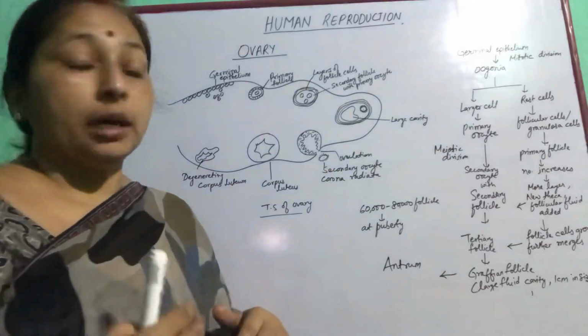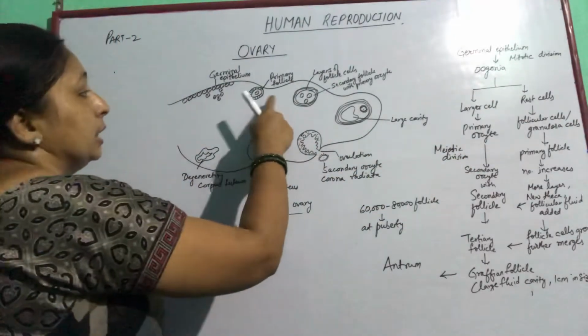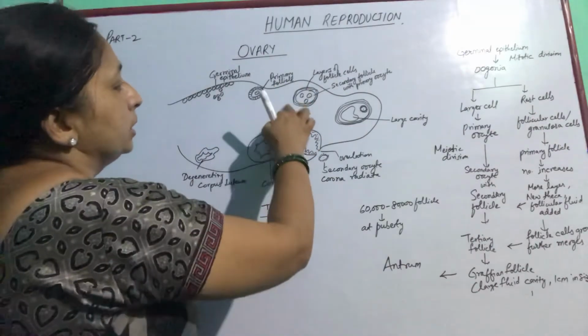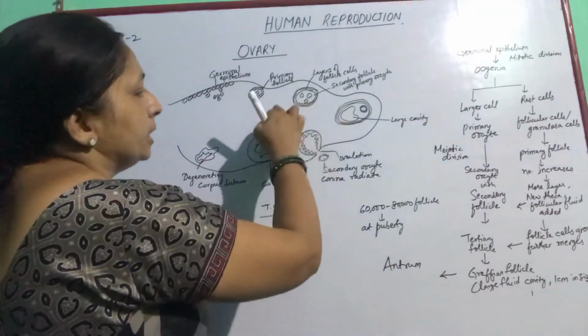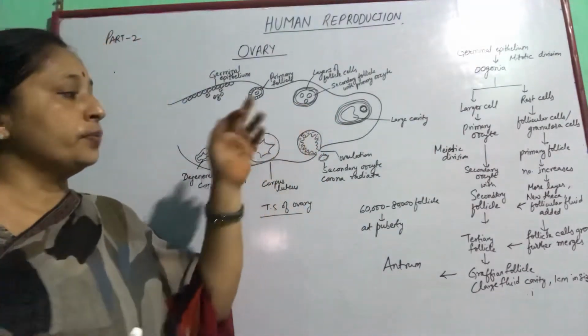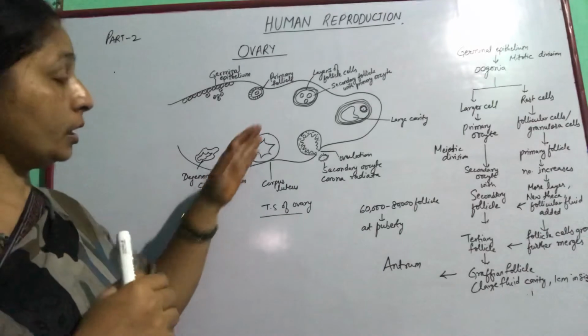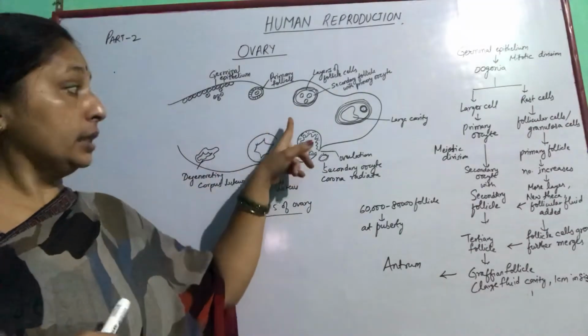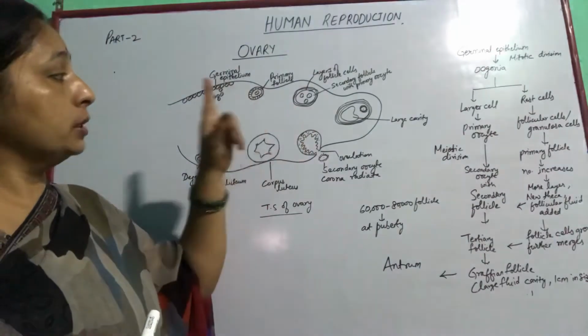The number of primary follicles keeps on increasing by mitotic division. The layers increase in number. When the layers increase in number, a new theca is formed. Theca is a covering.